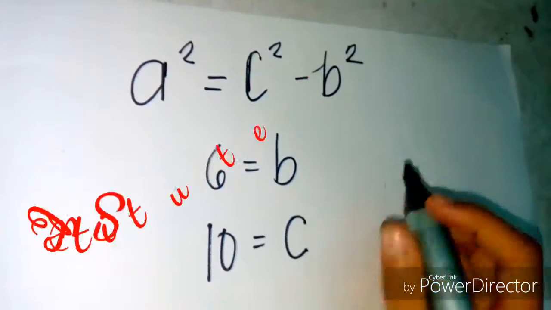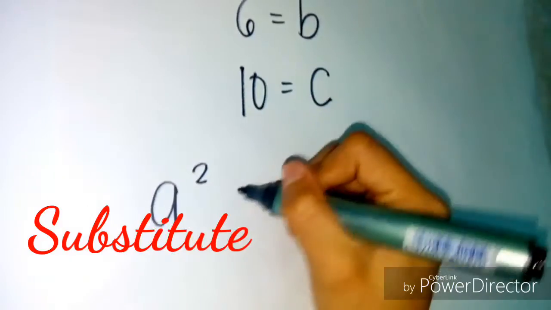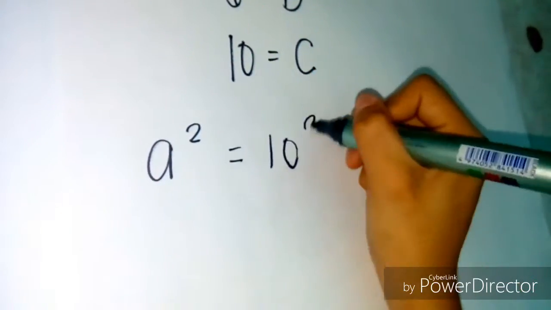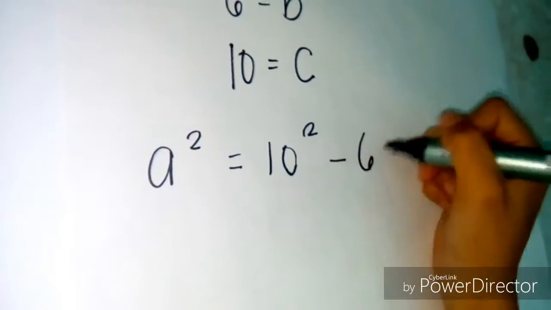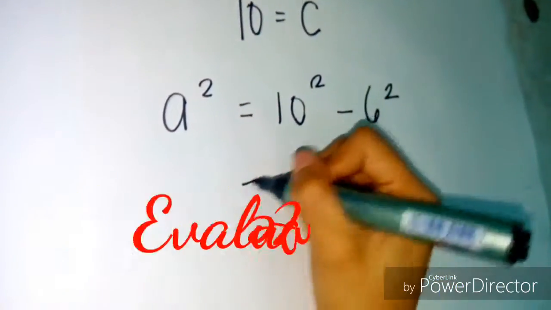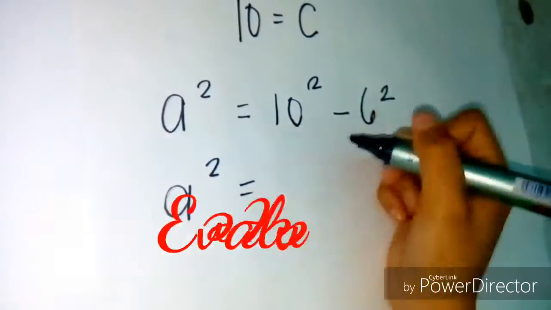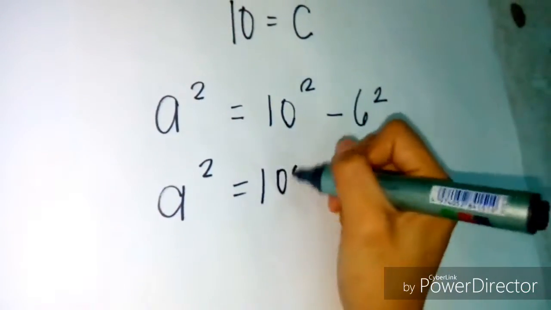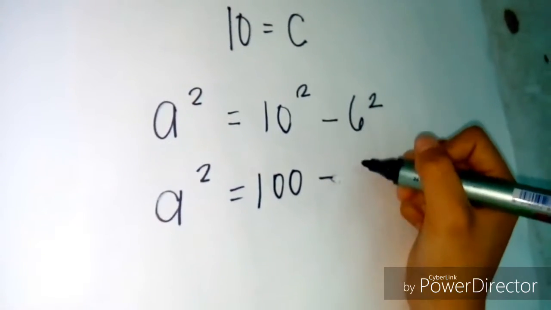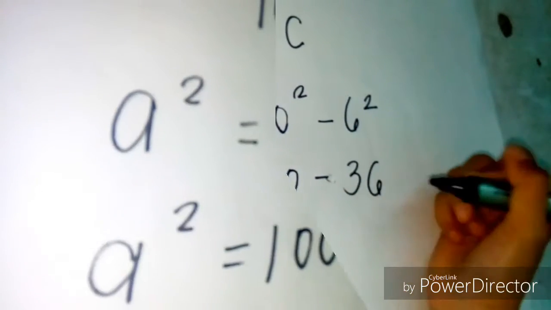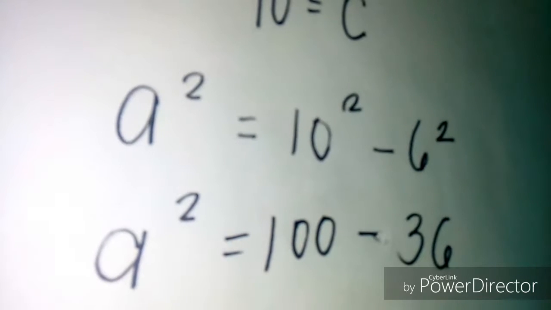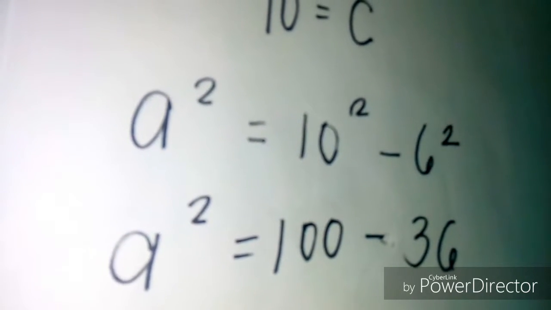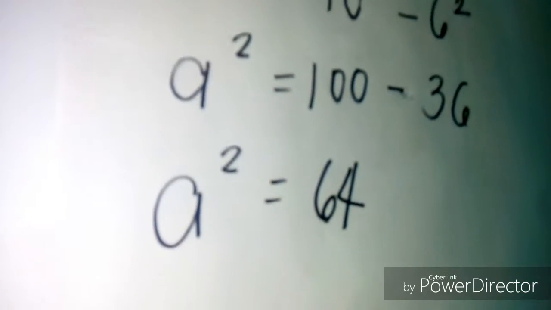So let's substitute. a squared is equal to 10 squared minus 6 squared. Let's evaluate. 10 squared is 100 minus 6 squared, which is 36. Let's subtract. So a squared is equal to 100 minus 36, which is 64.